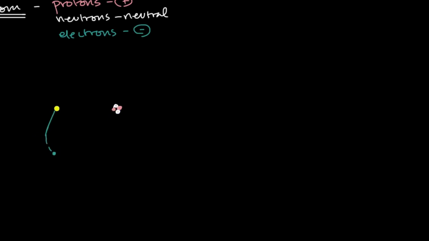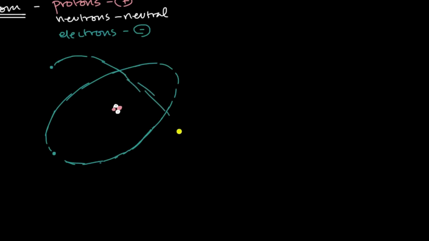So maybe one electron has an orbit that looks something like that. And then another electron, if you're talking about a neutral helium atom, would have 2 electrons and 2 protons. Well, maybe the other one orbits something like this. I'm trying to just draw an elliptical or circular looking orbit. And so this is the idea that the electrons are in orbits.